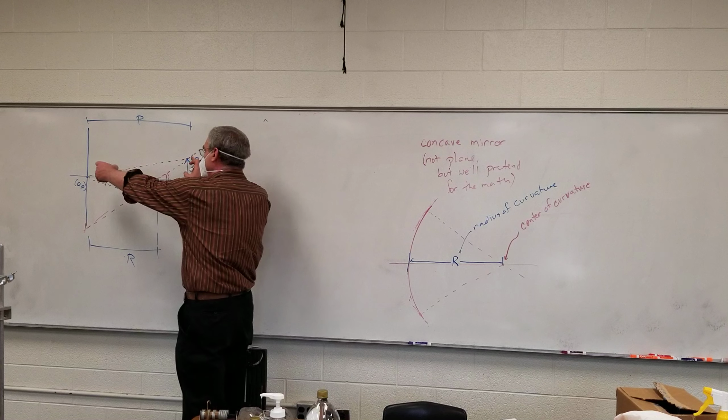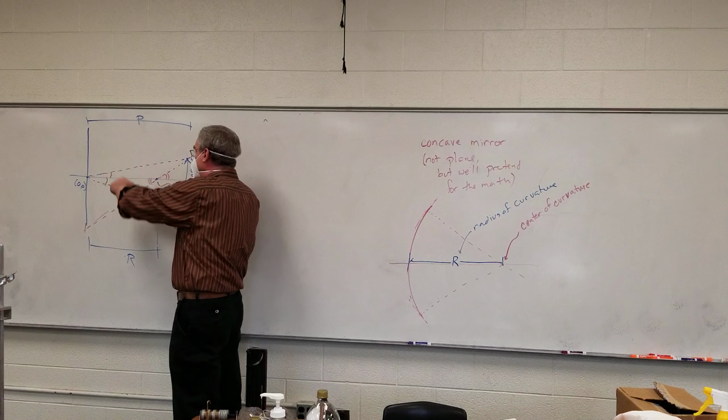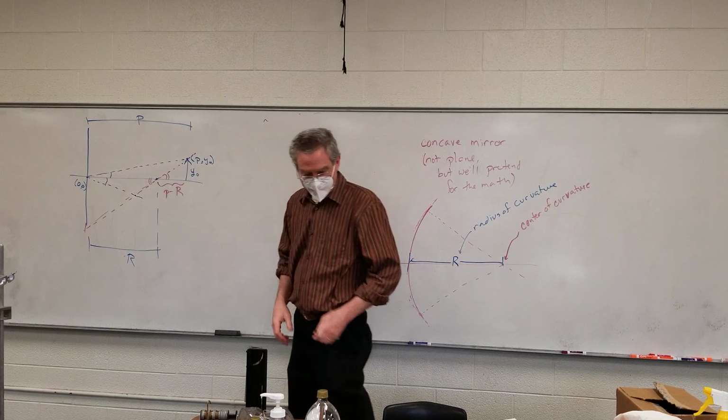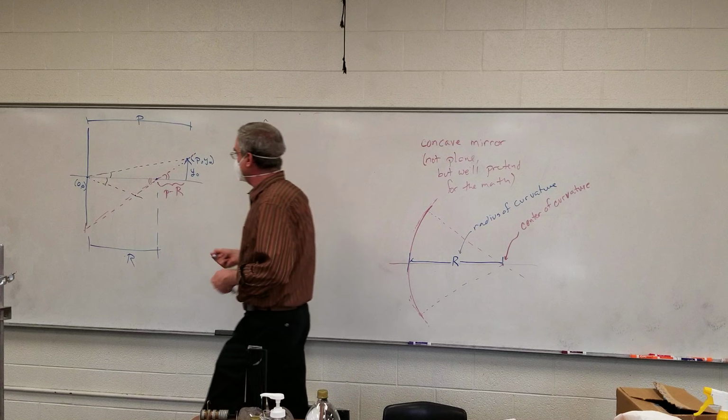And those two rays meet, so with the light coming off of it, the two rays are going to meet at this point right here. And so that's where the head of the image is.